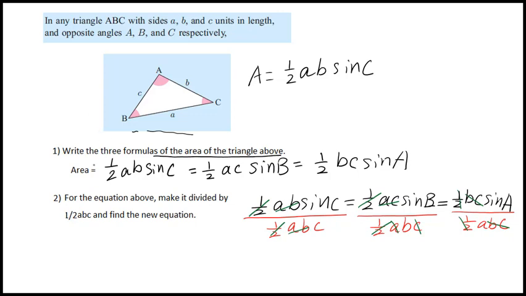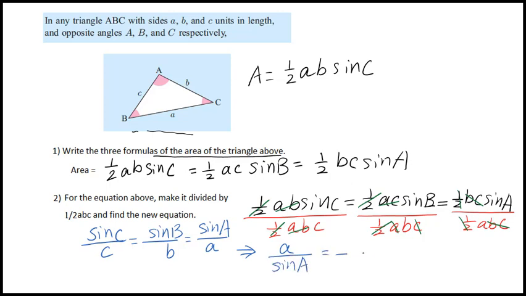I will get this: sin C over c equals sin B over b equals sin A over a. Or I can flip it, like a over sin A equals b over sin B, then equals c over sin C.